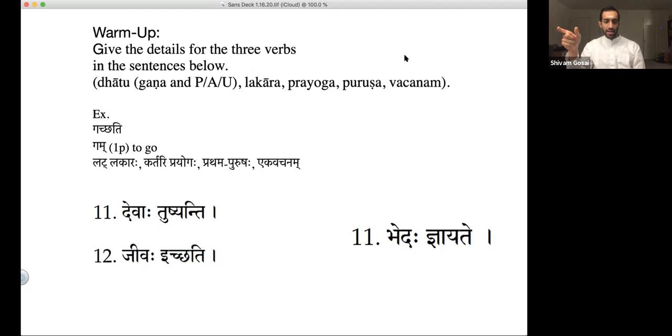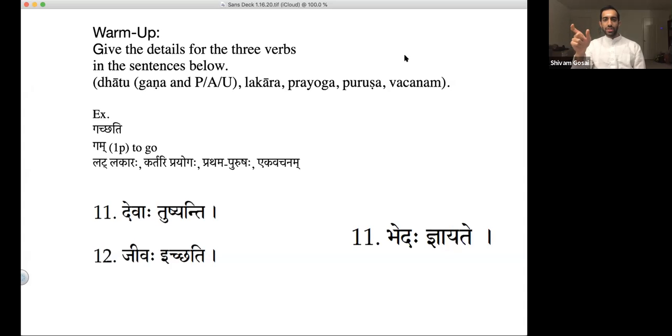Lakara is lat, and is it kartari or karmani prayoga? Can you tell me in the chat? Okay, we're getting some answers, and they all are saying kartari prayoga, active voice.